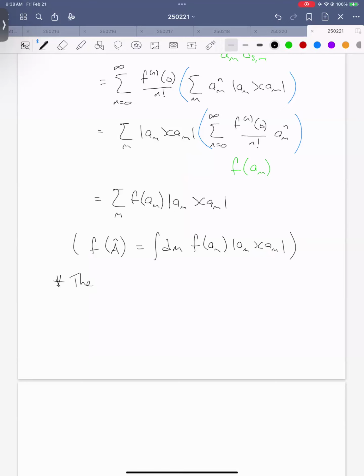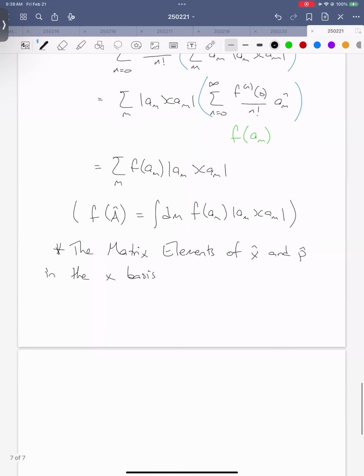Let's work out the matrix elements of the X operator and the P operator in the X basis. All right, so consider a 1D system on the interval of -infinity to infinity.